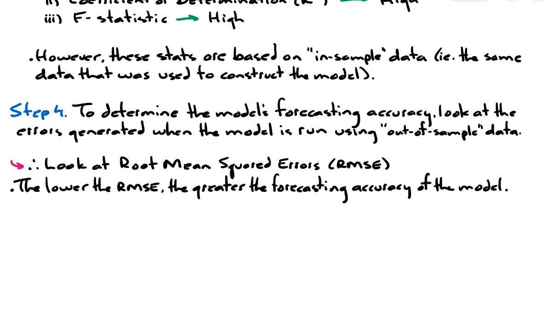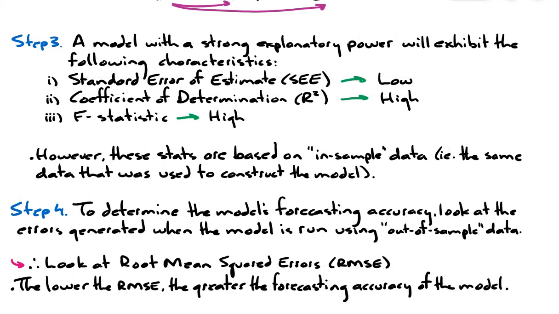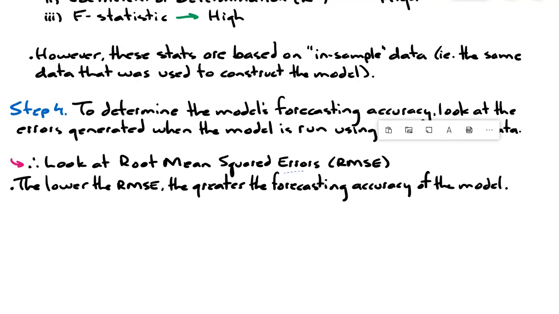Because we're using out-of-sample data, we look at what's referred to as root mean squared errors. The definition of root mean squared errors is very similar to the standard error of estimate. What's the difference? SEE is calculated using in-sample data, whereas root mean squared errors is calculated using out-of-sample data.